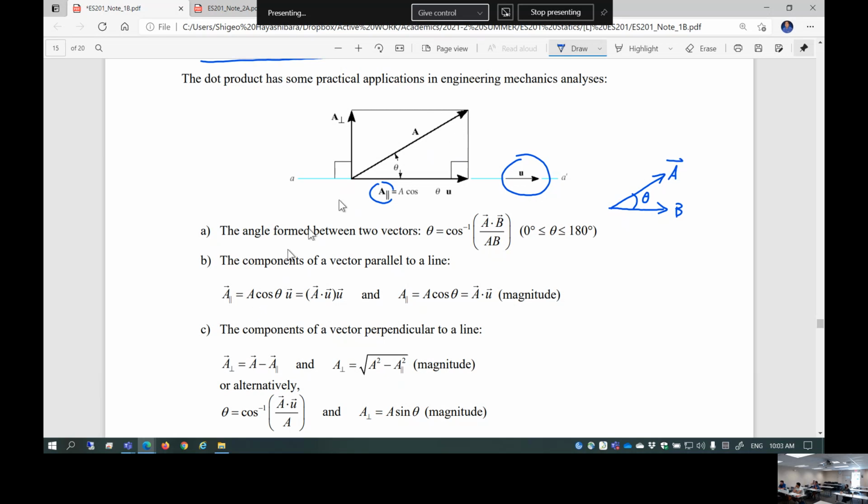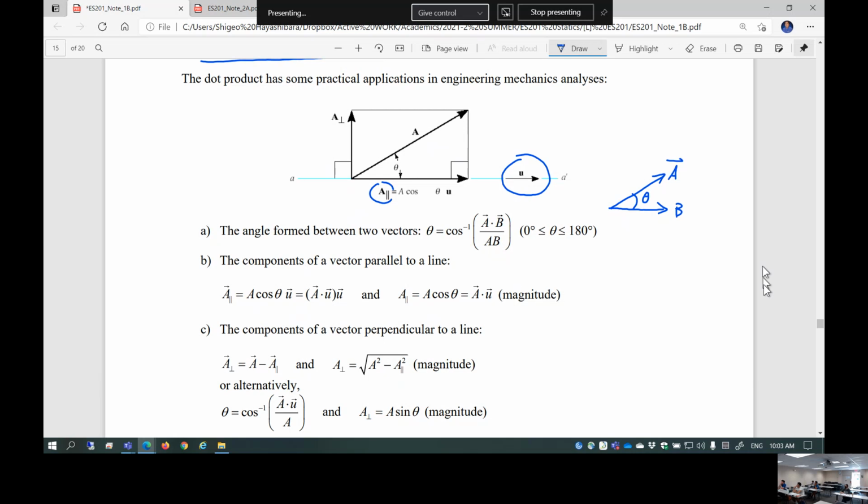This is the magnitude of this vector: take a cosine of theta here, multiply by this unit vector. So mathematically speaking, you take a dot product of A against U, multiply by U. This is the vector parallel to this line. Make sense? Okay. So what about its magnitude? This is the magnitude, which is obviously the dot product.